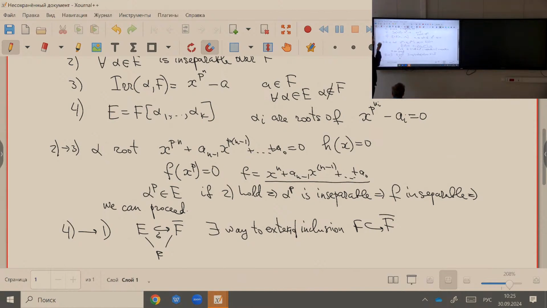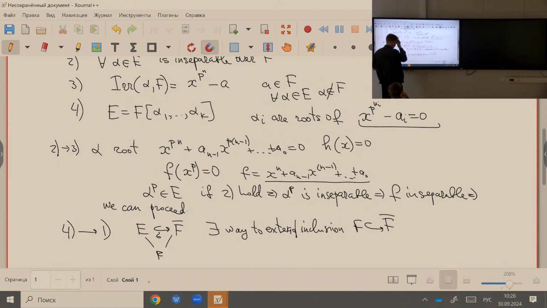But this is also evident because for roots, we recall that taking the solution of the equation is unique in characteristic p.